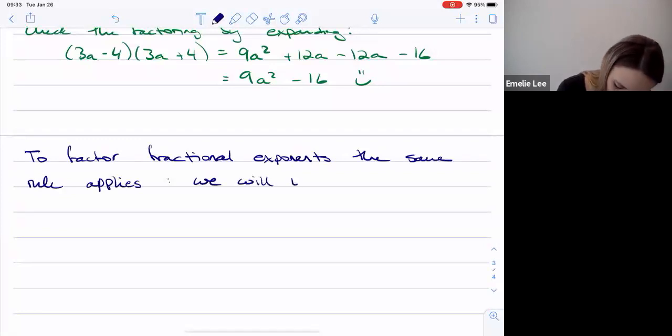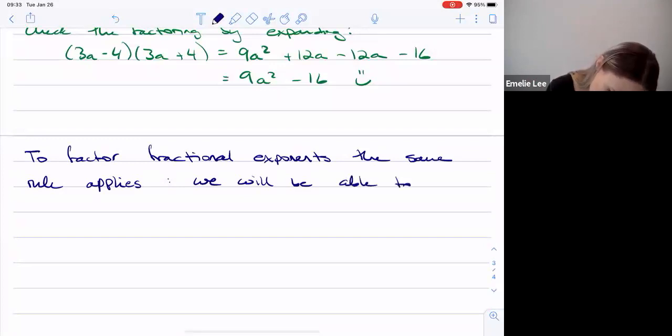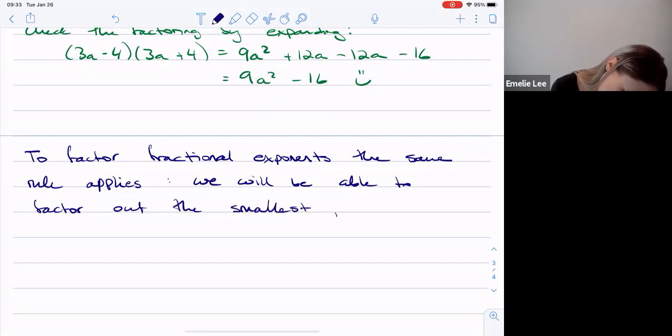We will be able to factor out the smallest power of x.